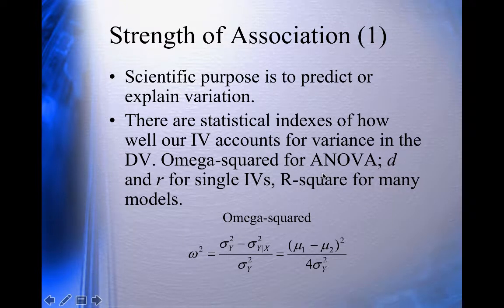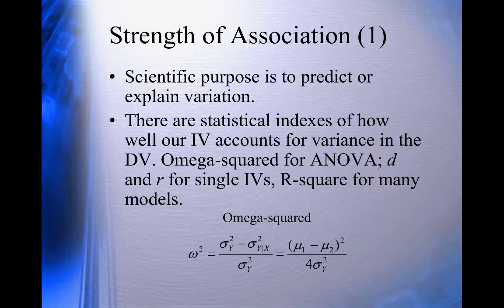Okay, in the second half of the t-test module, I want to talk with you about strength of association. We want to predict or explain variation in behavior in psychology, and we'd like to be able to do a good job at that.